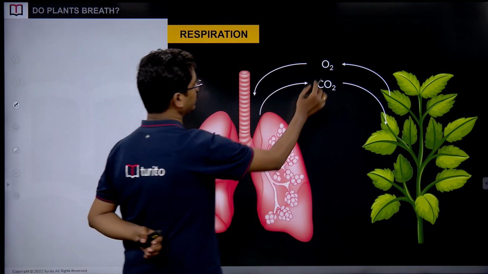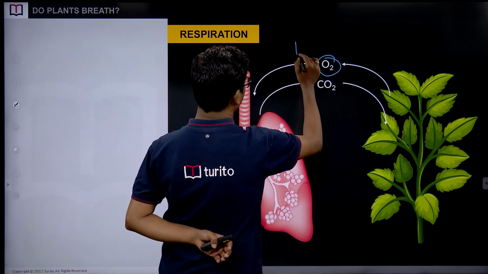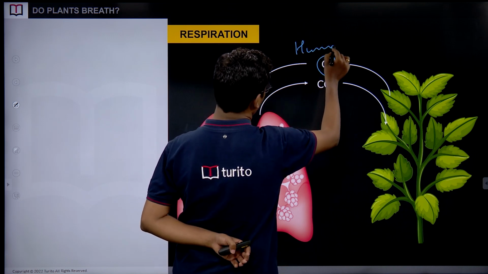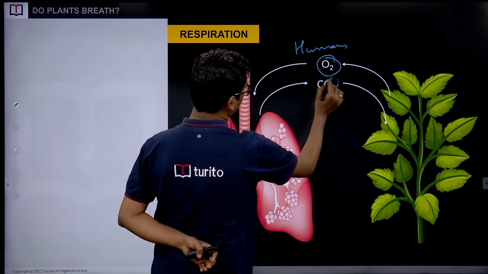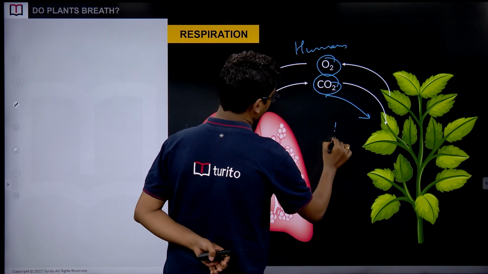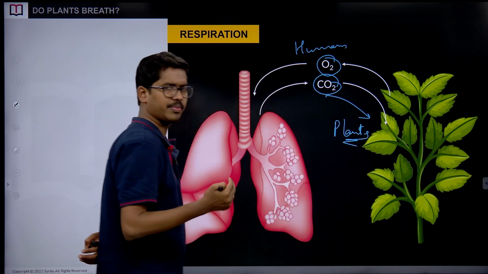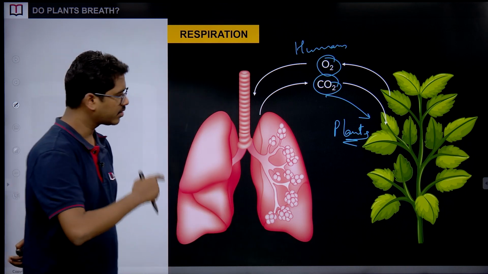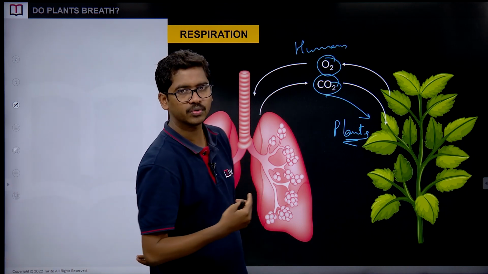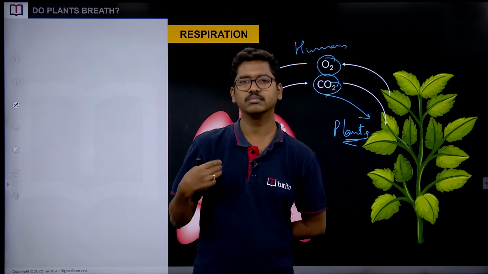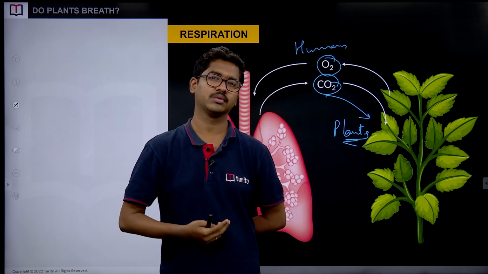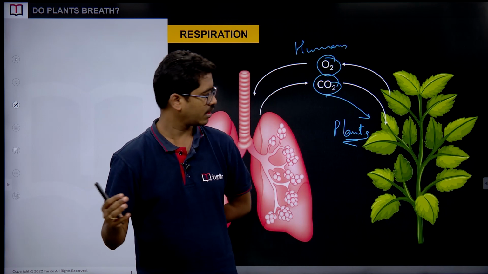What is happening here is that oxygen, which we take in, is given to plants. Not only plants; in other words, it is given to those organisms which have the ability to make something on their own, photosynthesis.